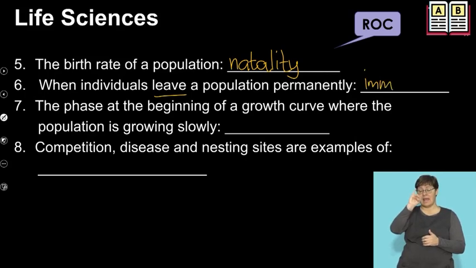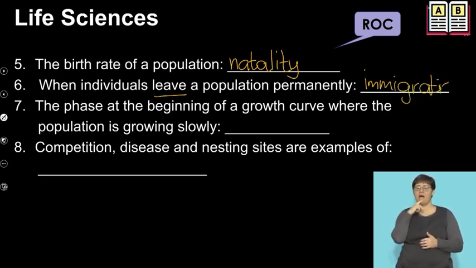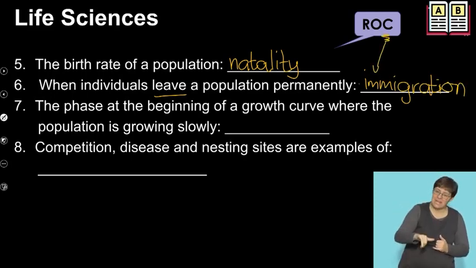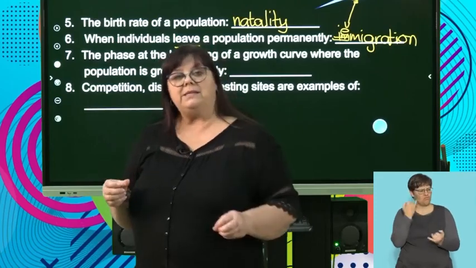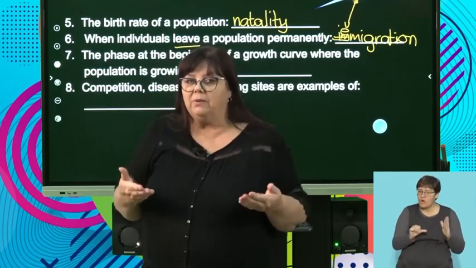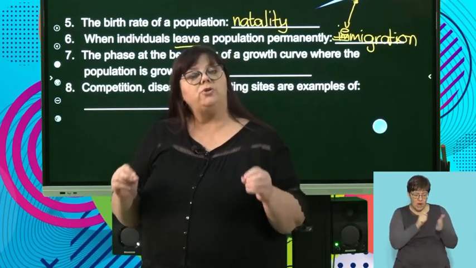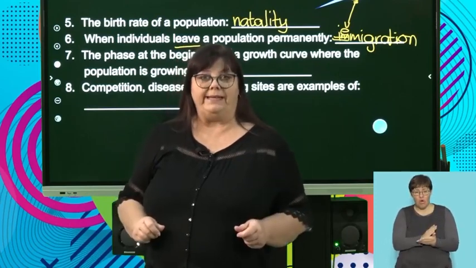So I write my term and I say, oh my word, I've written immigration because I checked it. So I will need to cross it out and correct it. Ladies and gentlemen, there's no harm in crossing out and correcting something. It is important that you check what you're doing, that you make sure that you've answered the question properly.